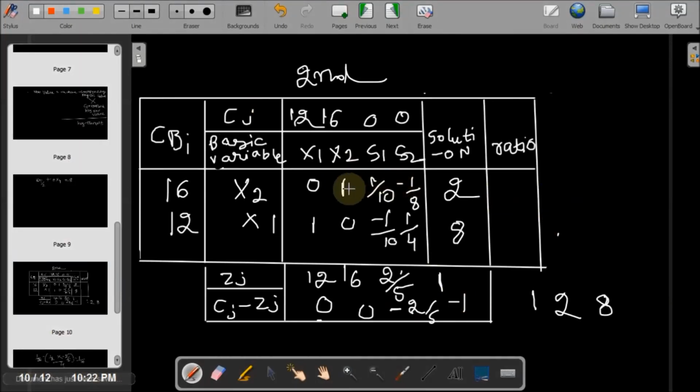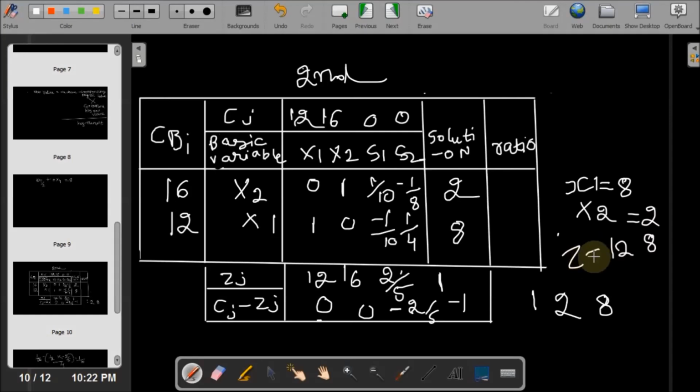So my solution is what? I found out the solution: x1 is equal to 8, x2 is equal to 2, and what is the Z value here? 128, Z is equal to 128.